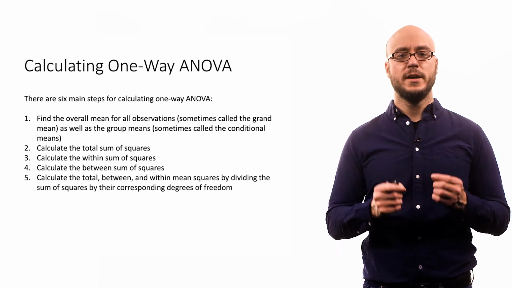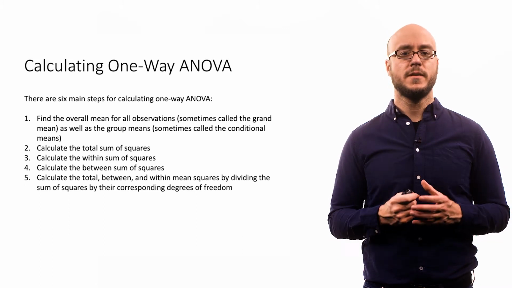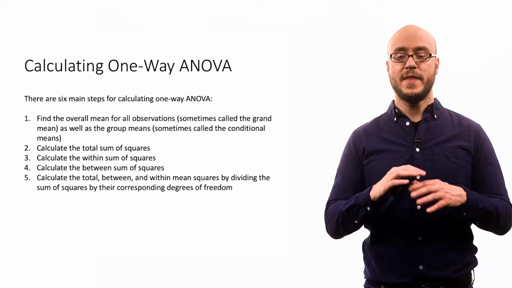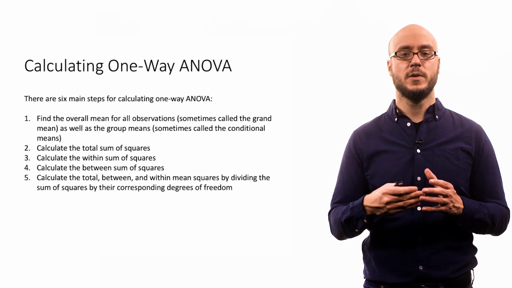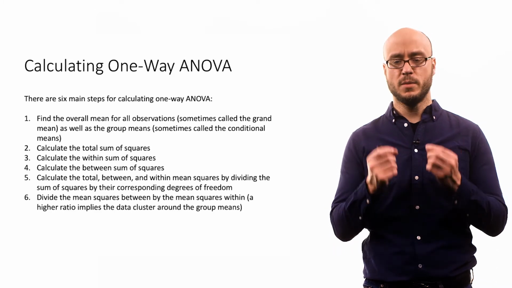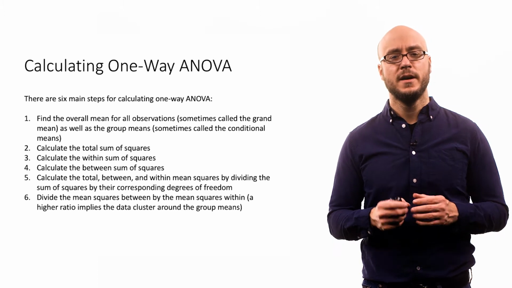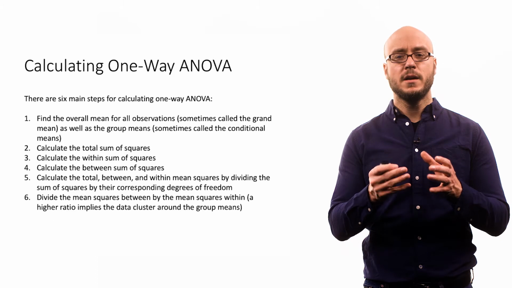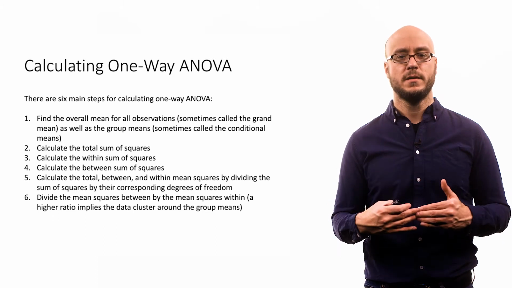Then, using the sum of squares values, we calculate the total, between, and within mean squares. That simply is taking each sum of squares and dividing by their corresponding degrees of freedom, or number of independent pieces of information. For the 6th step, we divide the mean squares between by the mean squares within.